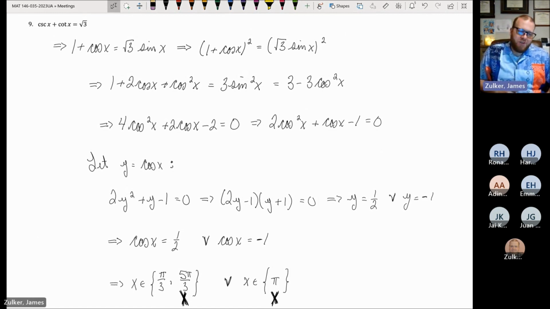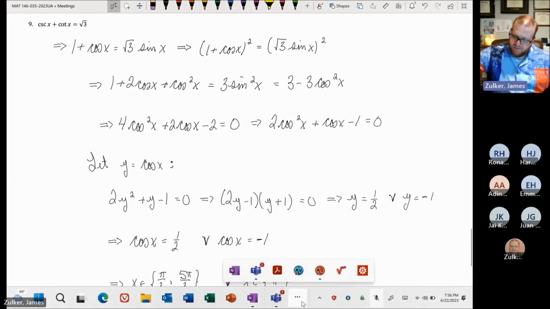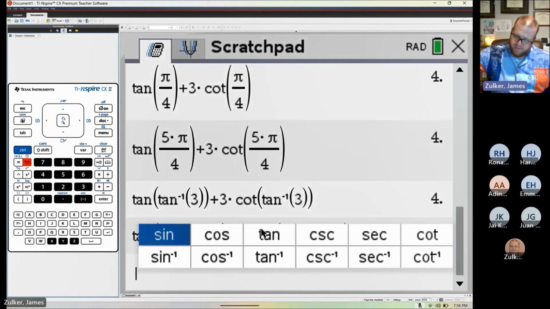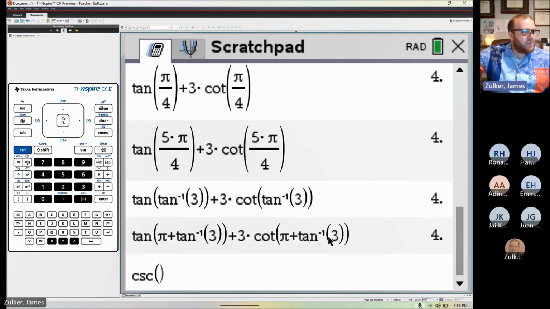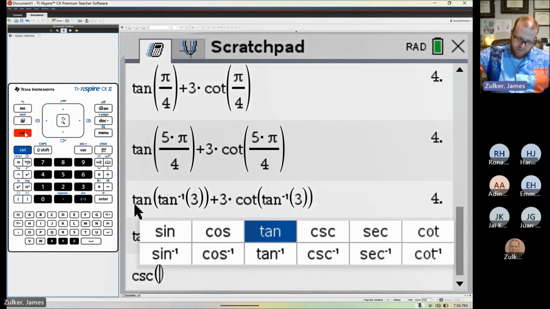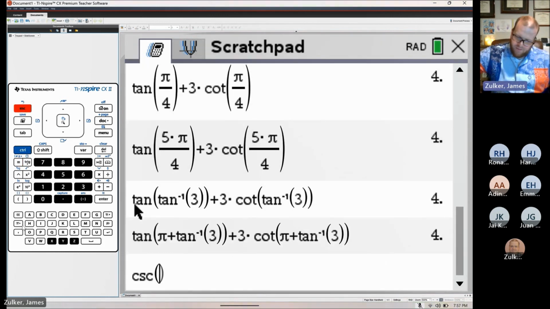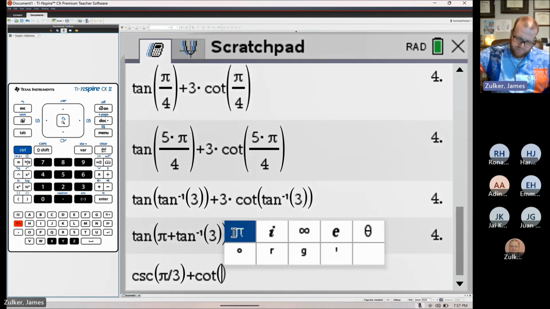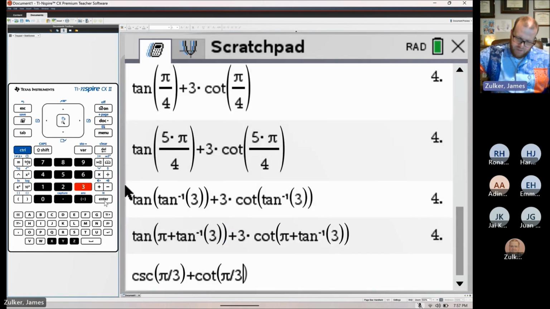Pi over 3 might work. It's quadrant 1, they're both going to be positive. So let's go ahead and check. So we want cosecant pi over 3 plus cotangent pi over 3.